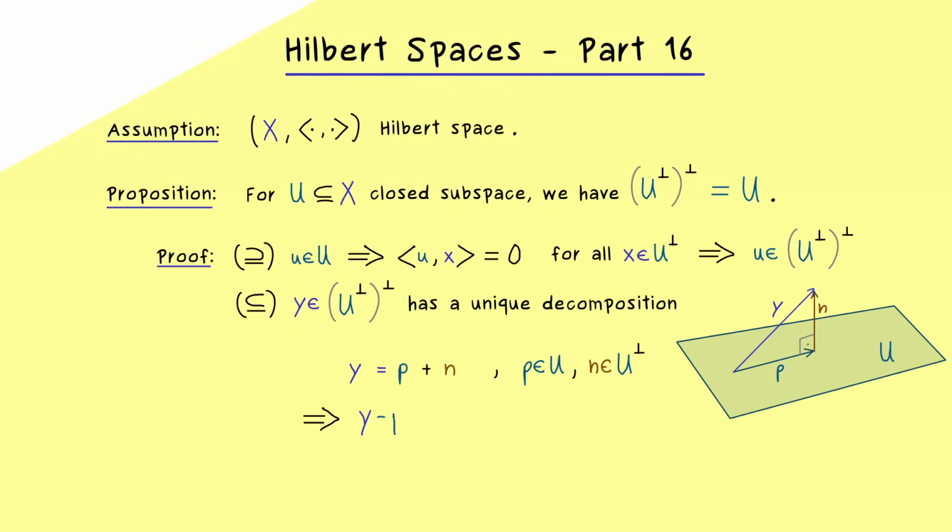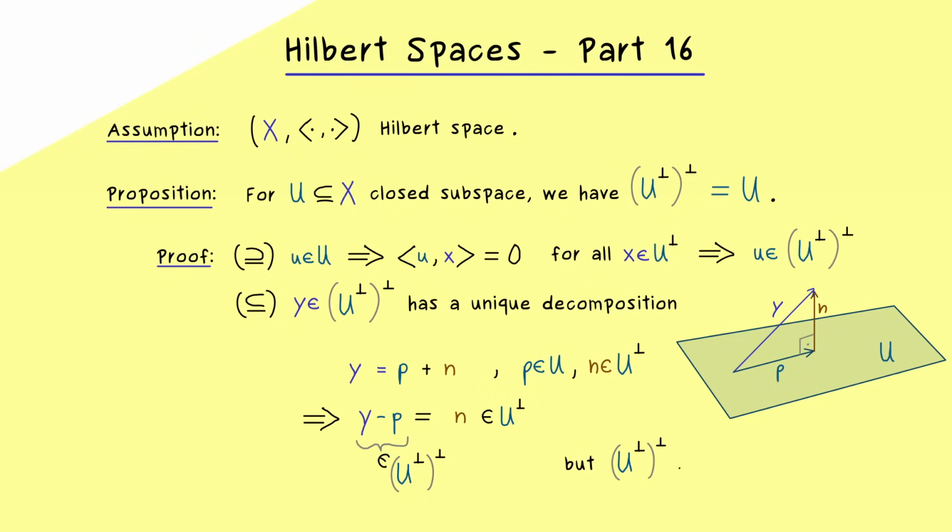And now here we can bring p to the left hand side, and then we also have 2 different subspaces left and right. Namely, we already know that we have U perp here on the right hand side, and on the other hand, on the left hand side, we have our double orthogonal complement. This is not so complicated because y is in U double perp by assumption, and for p we also know it because it's in U, and by the first inclusion we also know it lies in our double orthogonal complement.